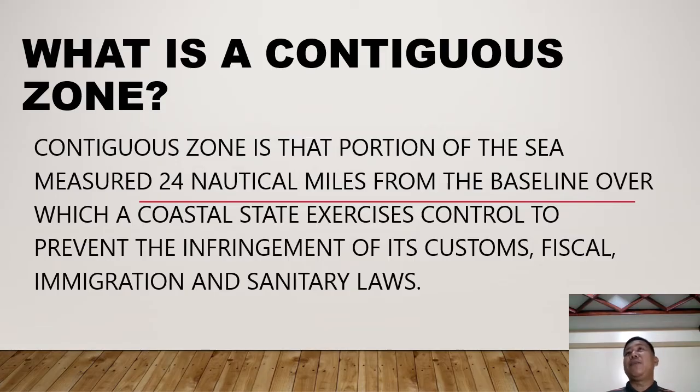The Republic of the Philippines as a state can implement the immigration law within the 24 nautical miles and of course can apprehend aliens without proper documents while they are in the yacht or within the 24 nautical miles.